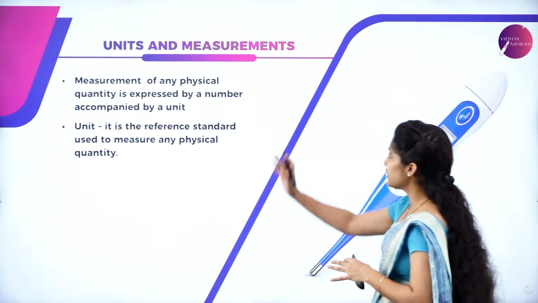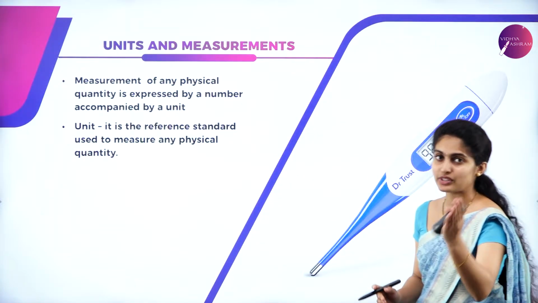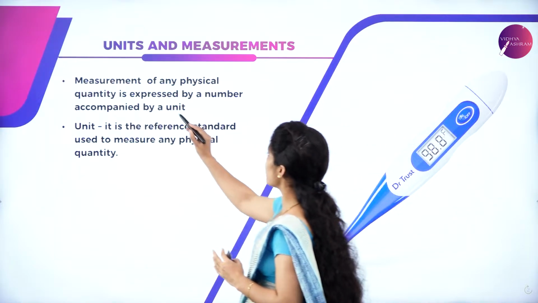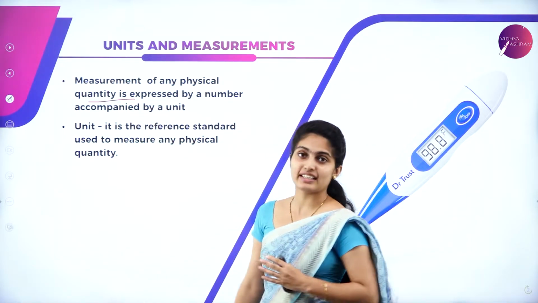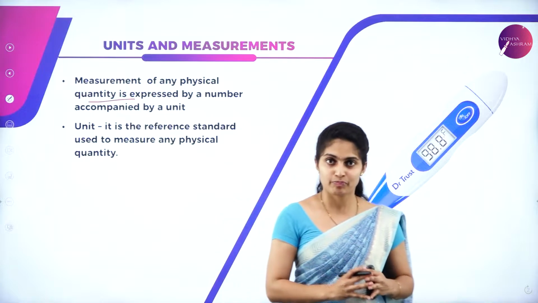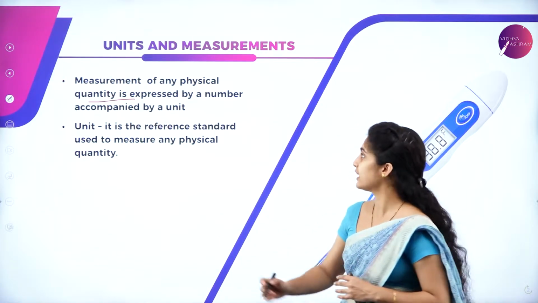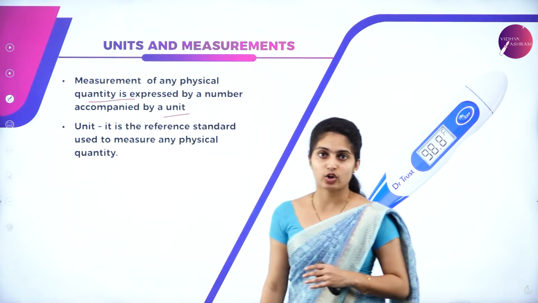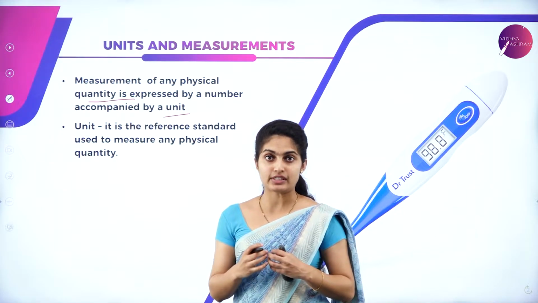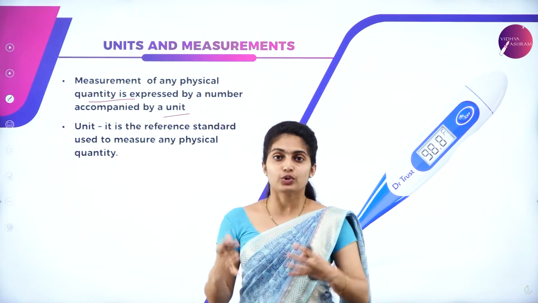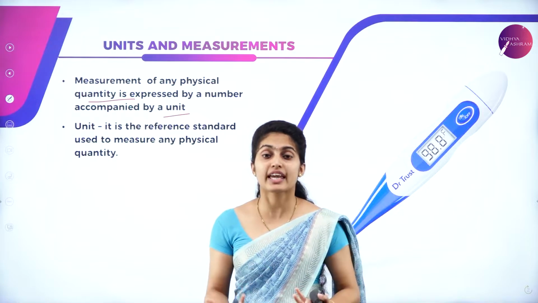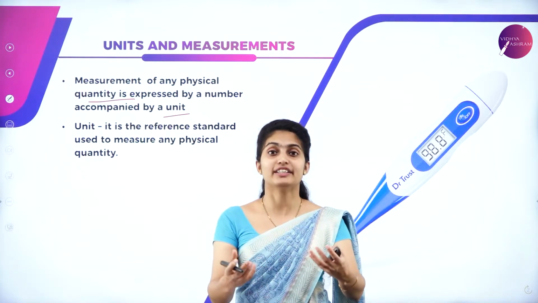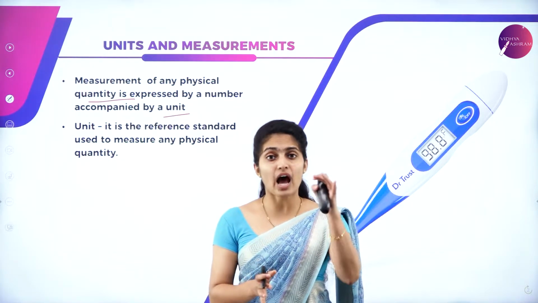Okay, so now in units and measurement, you study that the measurement of any physical quantity is carried out here, and that is expressed in terms of a unit. Suppose you want to buy apples, you say give me 1 kg of apples. Is it that you ask for 1 liter of apples? No. But how do you know?